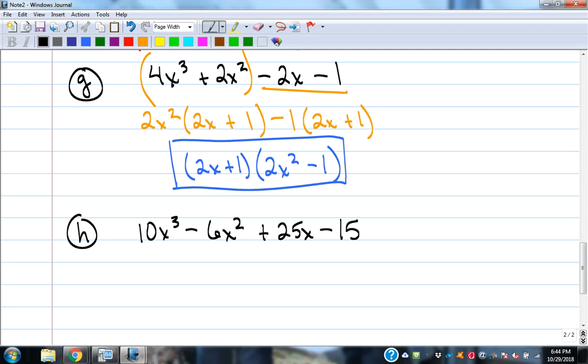See if you can do that one by group. Use the previous 2 as a guide.